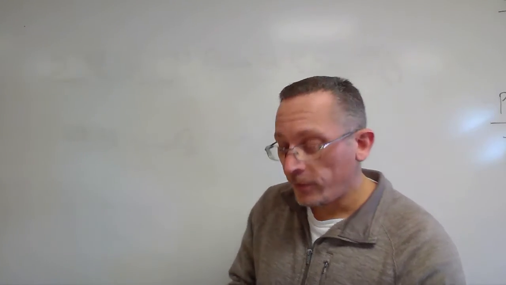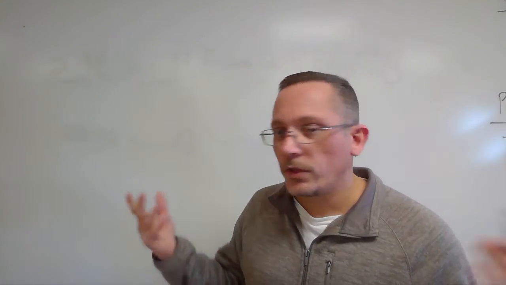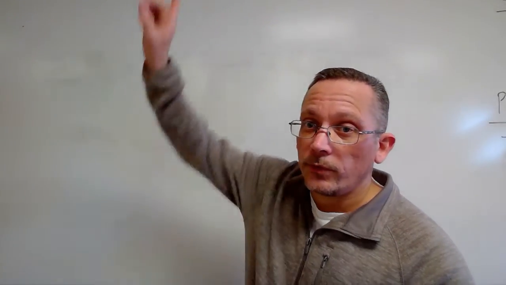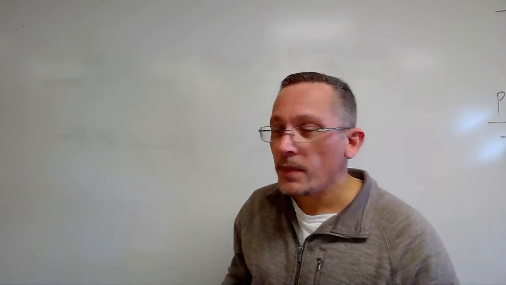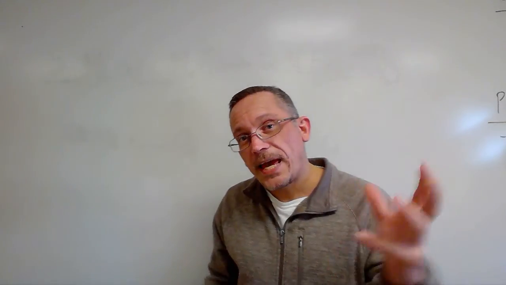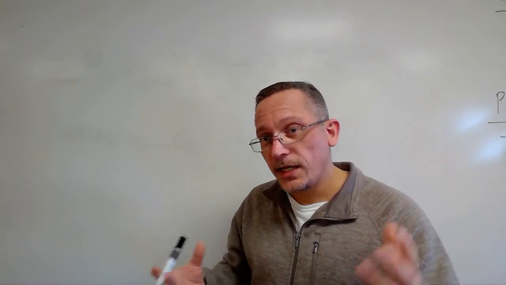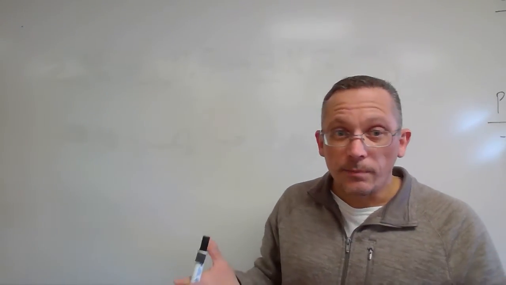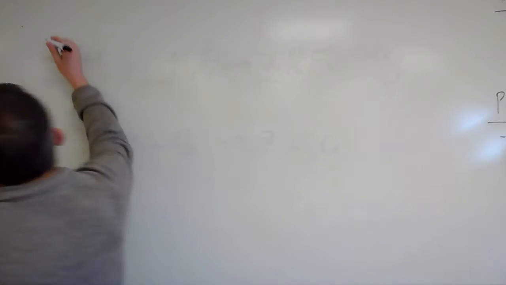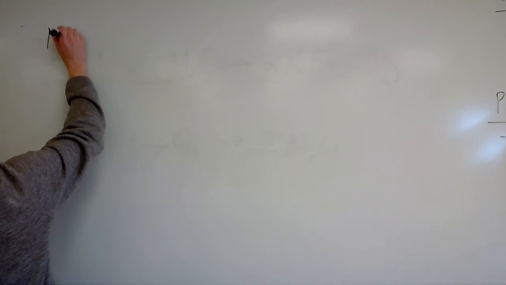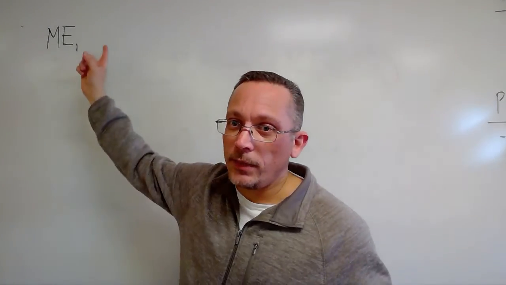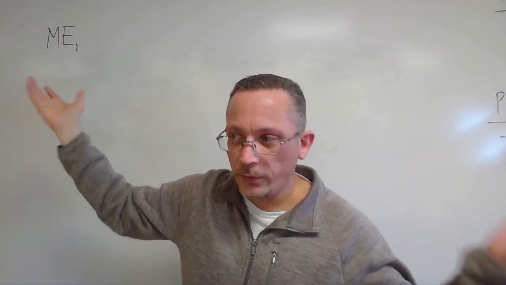All right, let's do a little math. Let's say we're talking about a ball or any kind of object that's either falling or being thrown up. At the beginning of its fall, or as it's moving up, it's got some mechanical energy. I'm going to call that ME1, mechanical energy 1.